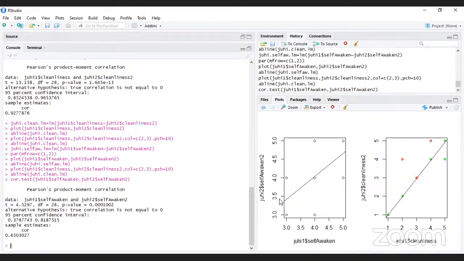So this is the intercept, or the origin, from where the regression line starts. Or you can say the best fit line.